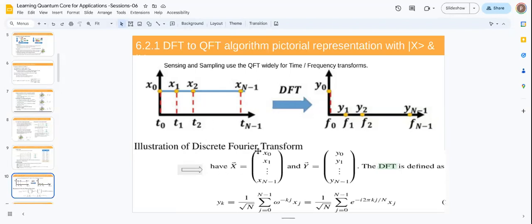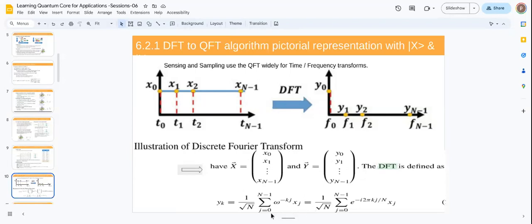If you have X as a sample, represented by a column matrix X0 to Xn minus 1, the transformed value Y, a function of X, is represented by Y0, Y1, up to Yn minus 1. So Y is the transformation brought to X based on the number of samples. We are talking right now about samples in digital terms.